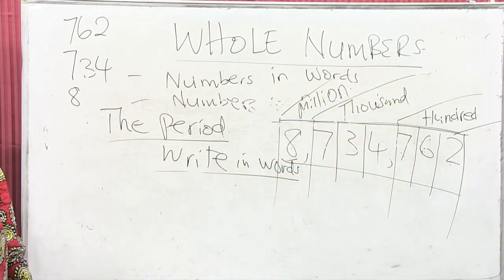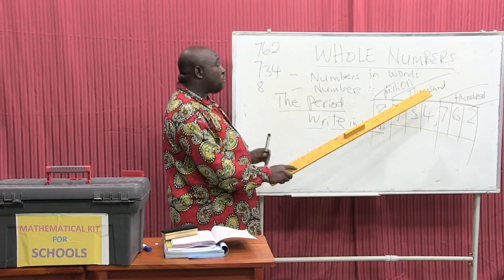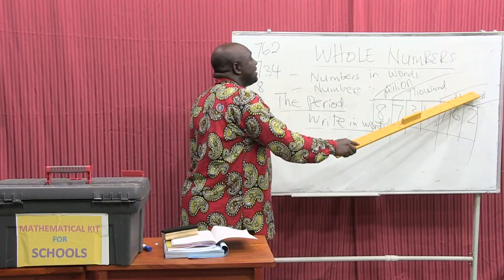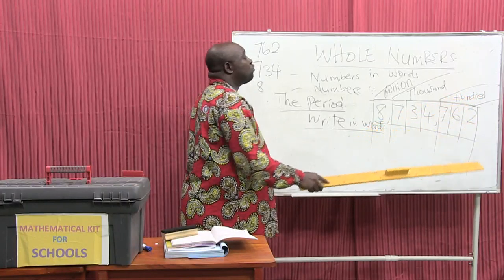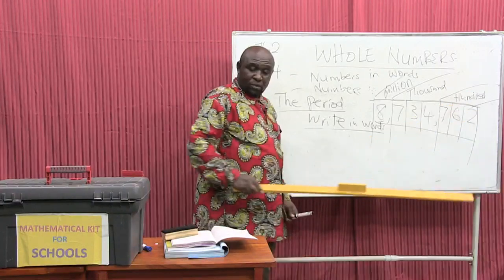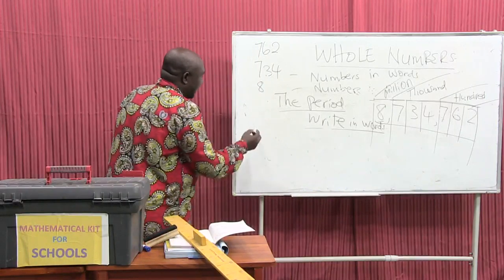Okay? Then you put your comma or you pause, then 762. Now we read our number.